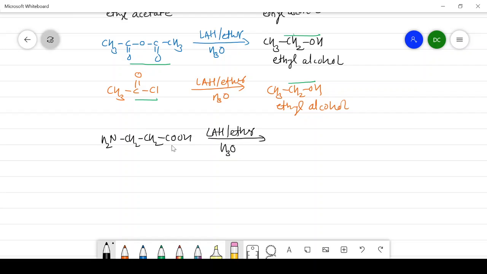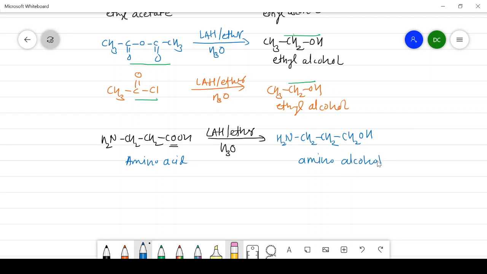Just focus on this group only; the remaining will be as it is. So we get NH2CH2CH2CH2OH. So the amino acid is converted into amino alcohol.